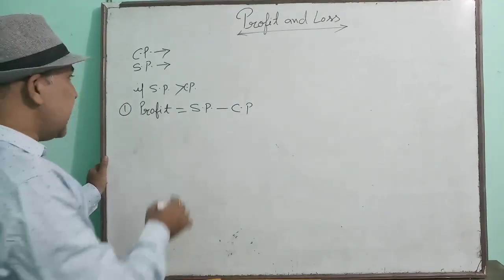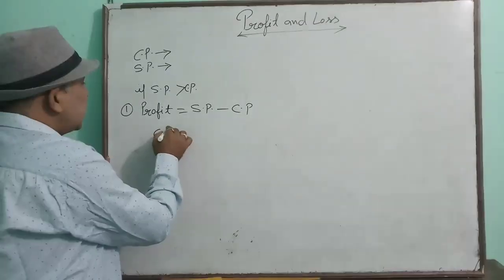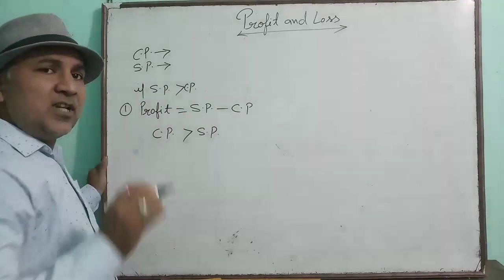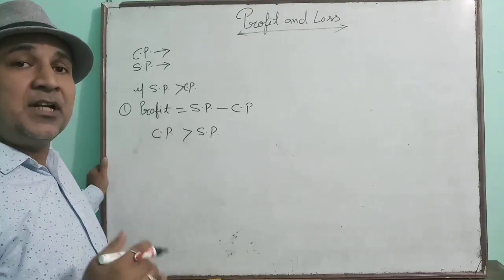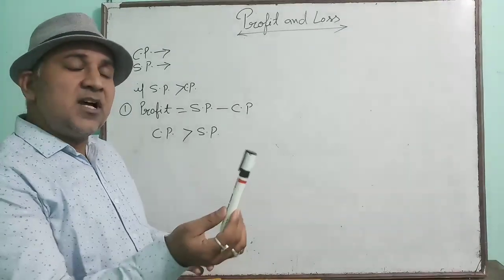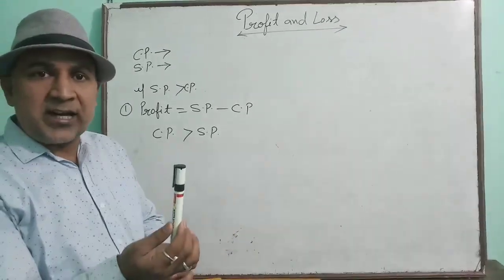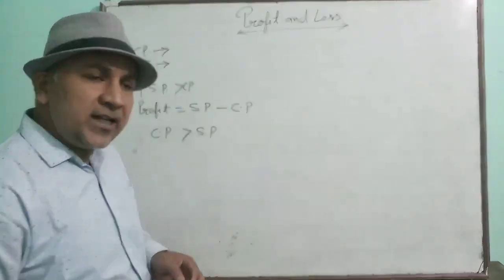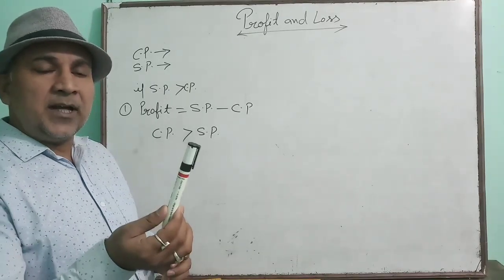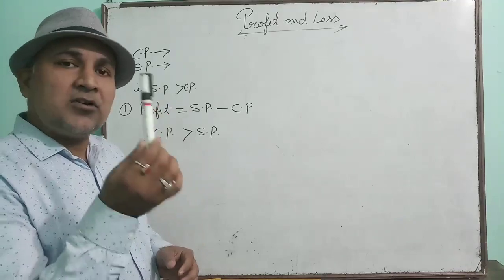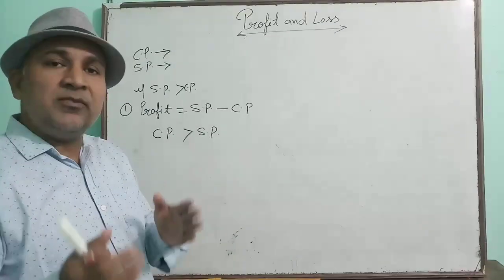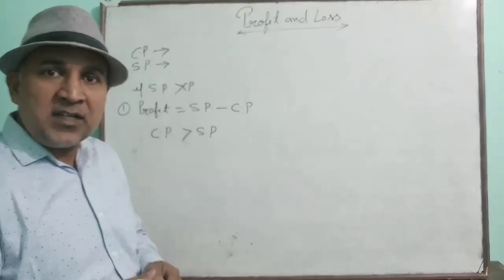Now suppose that if cost price is greater than selling price, then what will happen? Definitely we will be in the loss. Suppose this marker pen is purchased for 10 rupees but sold for 8 rupees, then we will be in the loss of 2 rupees.